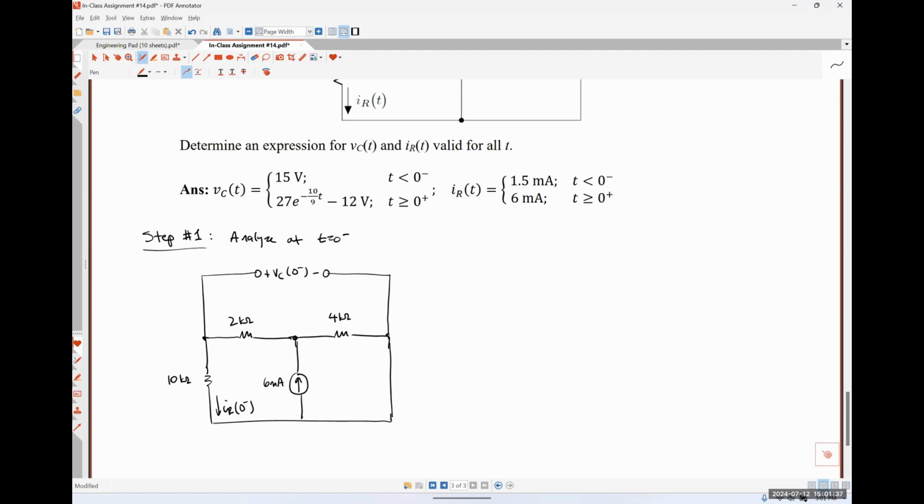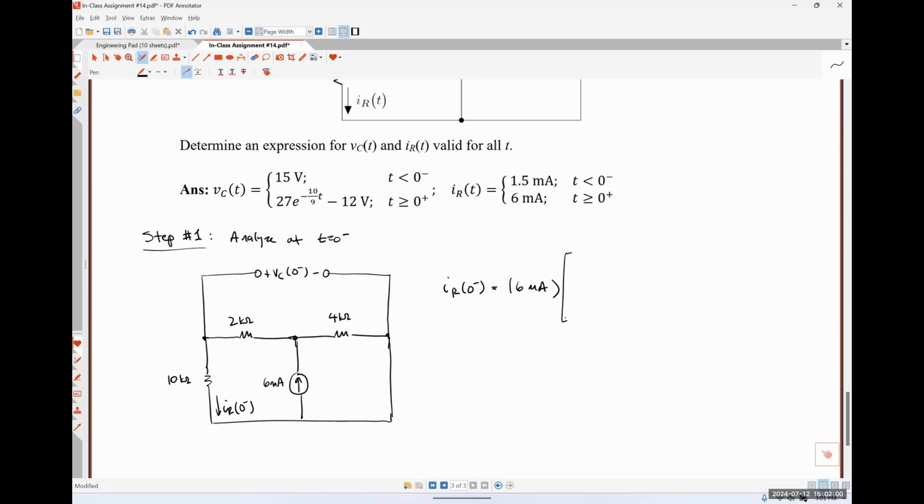So current division, I am definitely on board with. So let's use that to find IR at 0 minus. So we're going to have 6 milliamps.